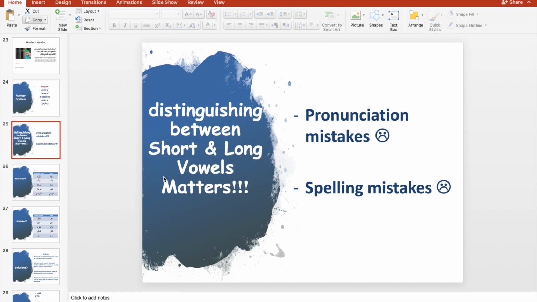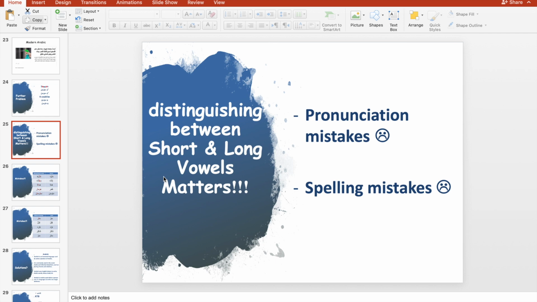On the basis of everything I have mentioned so far, I think you can agree that distinguishing between long vowels and short vowels in Arabic is important. In fact, it is the main source of spelling and pronunciation mistakes made by students.